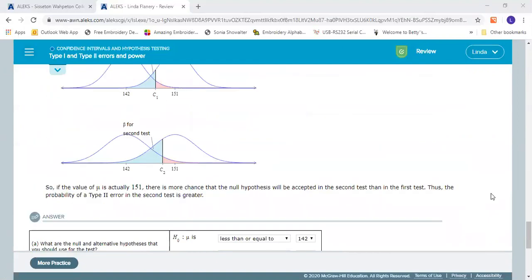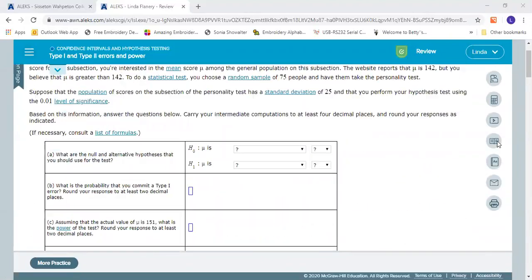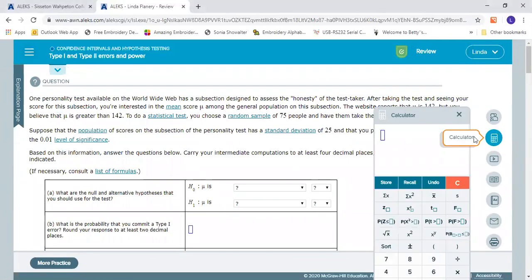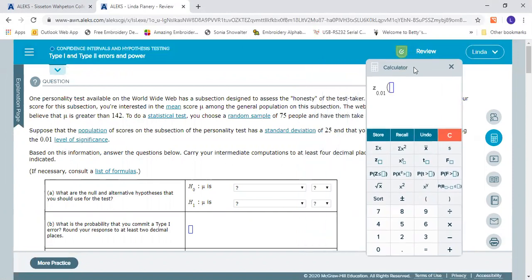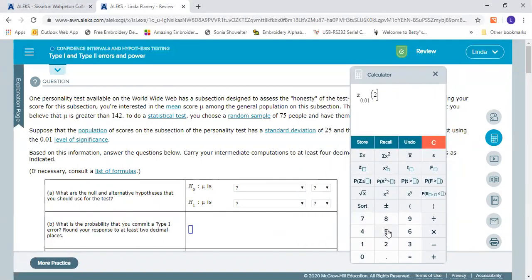So I'm going to go ahead and grab the graphing calculator here. And in order to calculate that value, I'm going to do my Z sub alpha value, 0.01. I'm going to multiply that by the standard deviation, which is 25, divided by the square root of the number of people in my sample, which is 75.